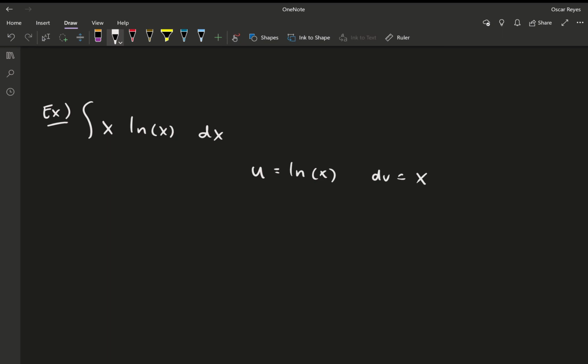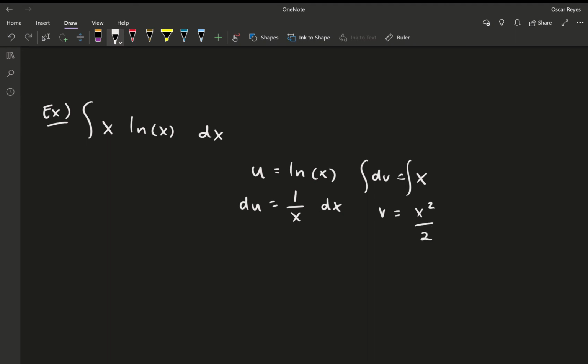then du is equal to 1 over x dx, and then if we take the integral of both of these, our v is equal to x squared over 2.